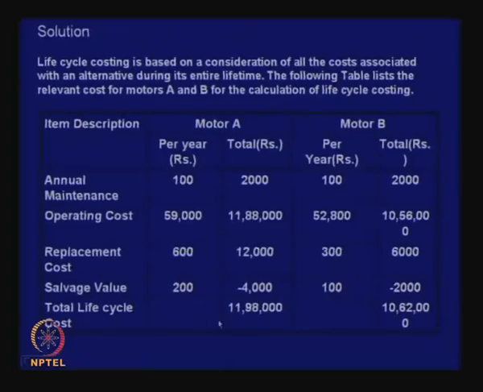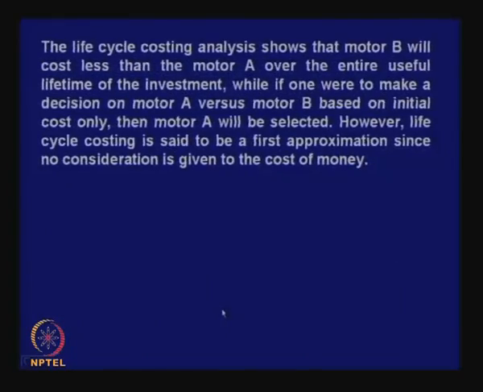On the whole, the total life cycle analysis will find this is costing less than the other. So, this is again an example of having a long term subjective horizon. Motor B may cost initially a little bit more, but in the long run it pays back.